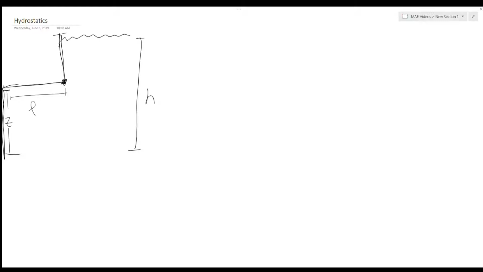In this case, the things that matter for us are the height, this total height of the water, which we're trying to find. It depends on L, which is given information. Z is also given.